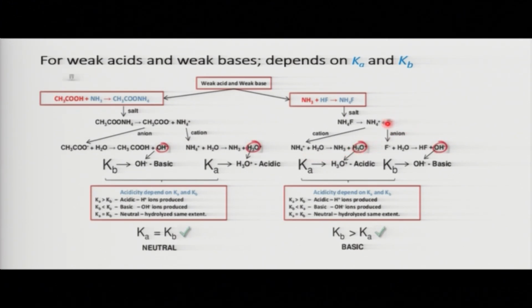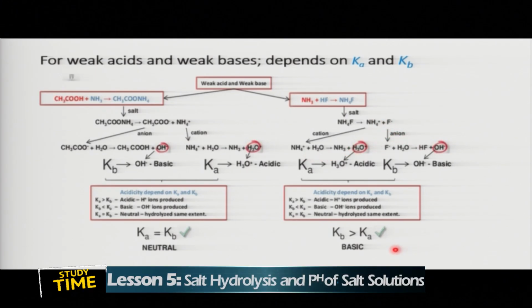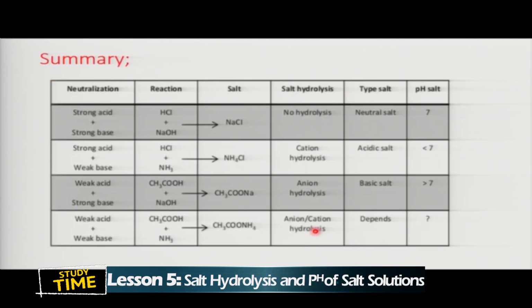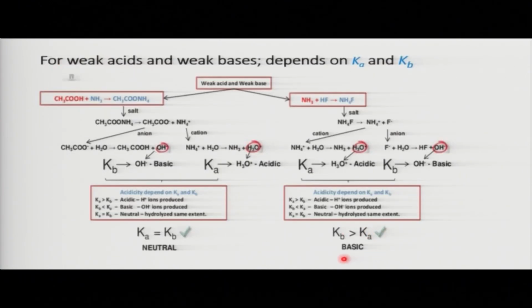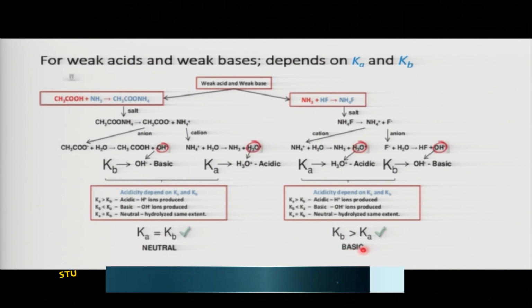So here the difference is on the anion, making the solution basic. That's why we said it depends on the cation and anion hydrolysis. Which one is stronger than the other? That is a point you really can't miss out. Ensure that you take note of that.